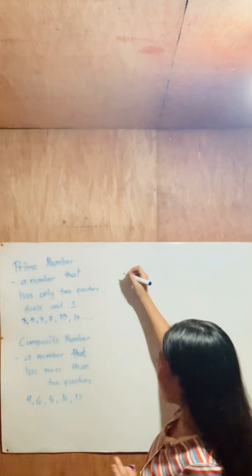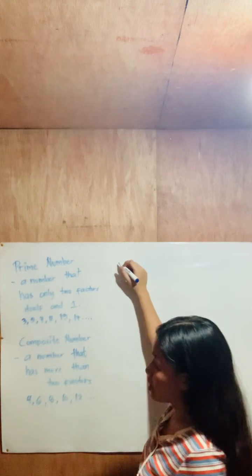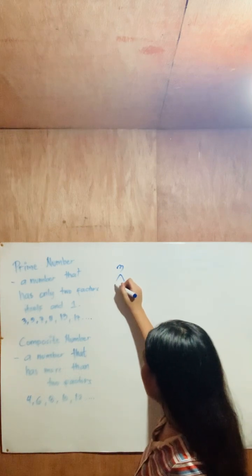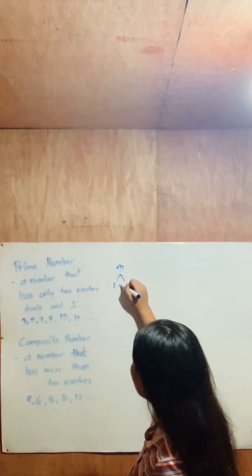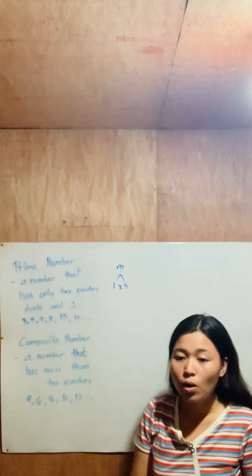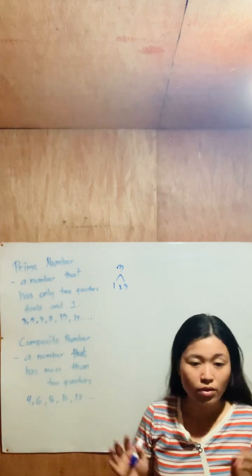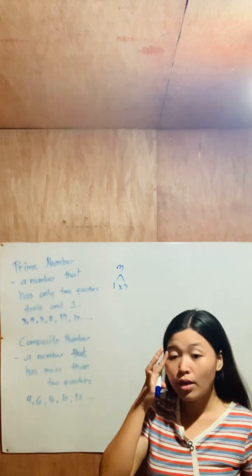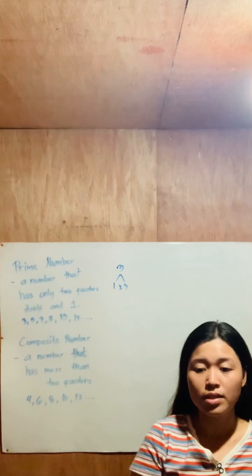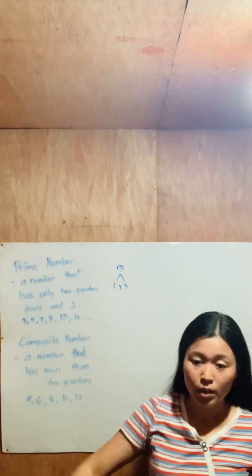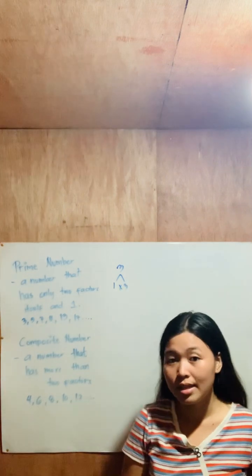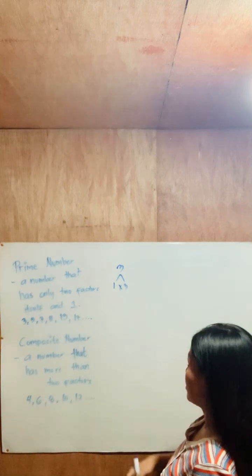It is a prime number because 3 can only be made by multiplying 1 times 3. No other whole numbers can be multiplied to make 3. So it is a prime number.